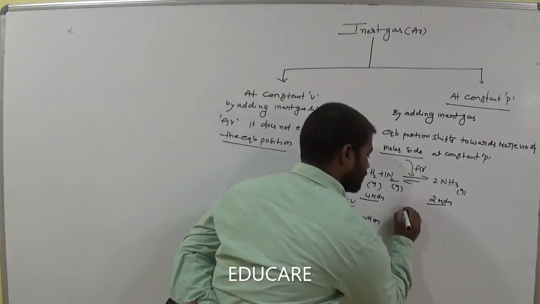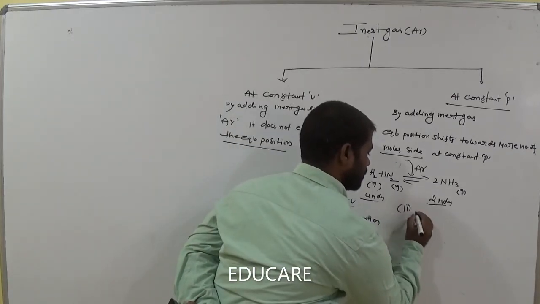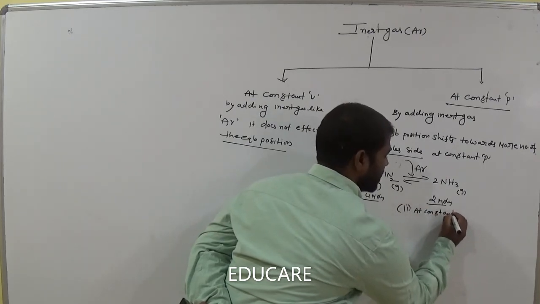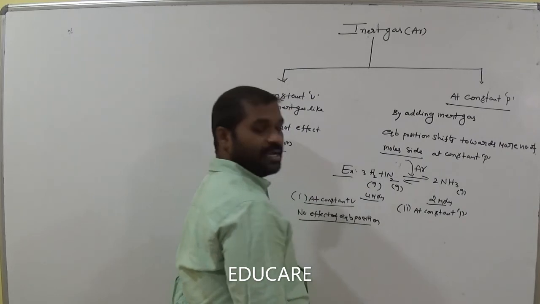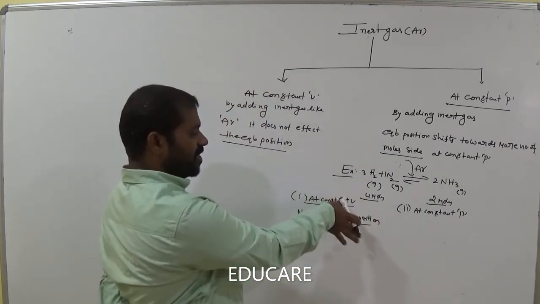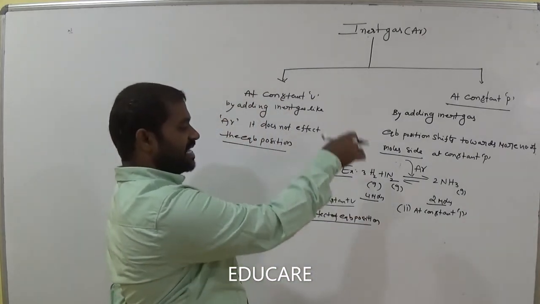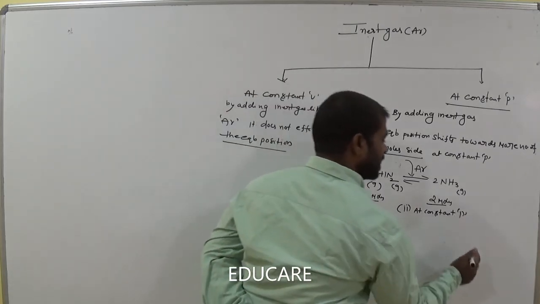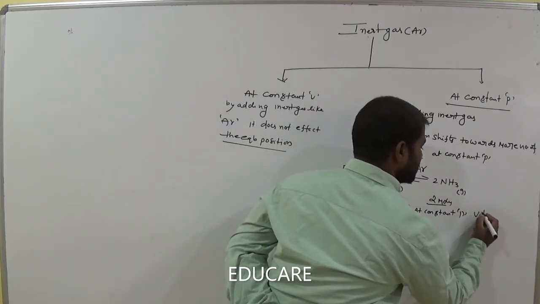And case 2, suppose constant pressure is given. What is the effect of inert gases on the chemical equilibrium position? At constant pressure, volume is variable.